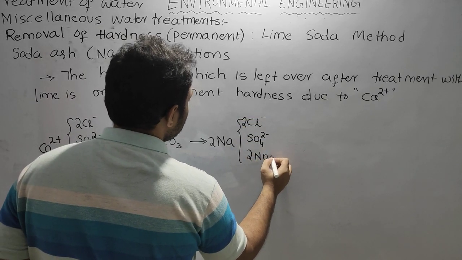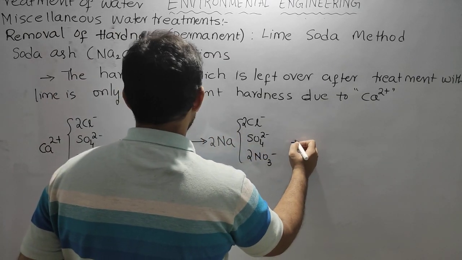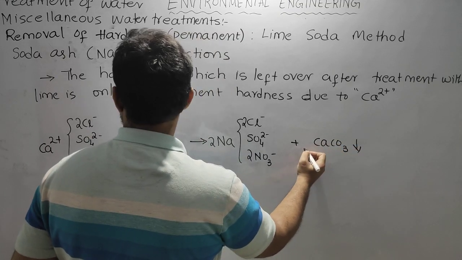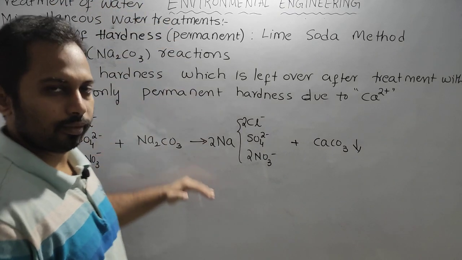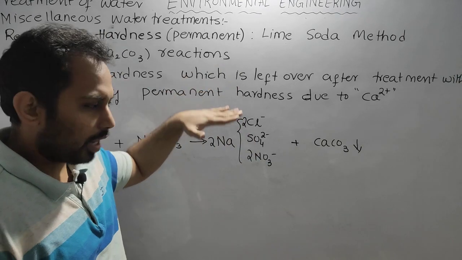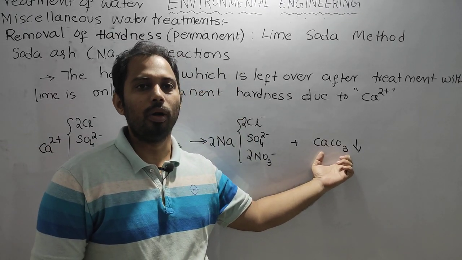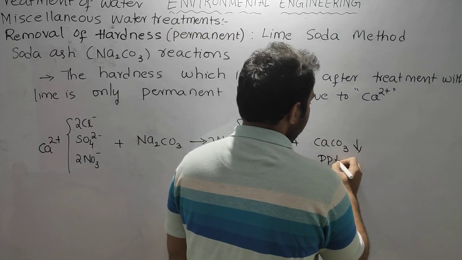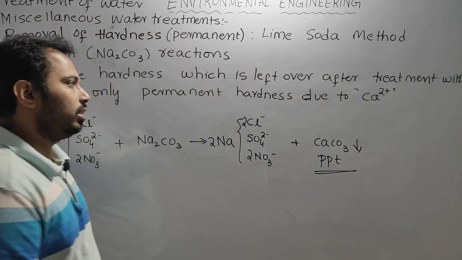So it will form these compounds plus CaCO3 plus CaCO3. Now if you look at this, all the reactions of the hardness, finally the hardness is removed in the form of what? Calcium carbonate precipitate.